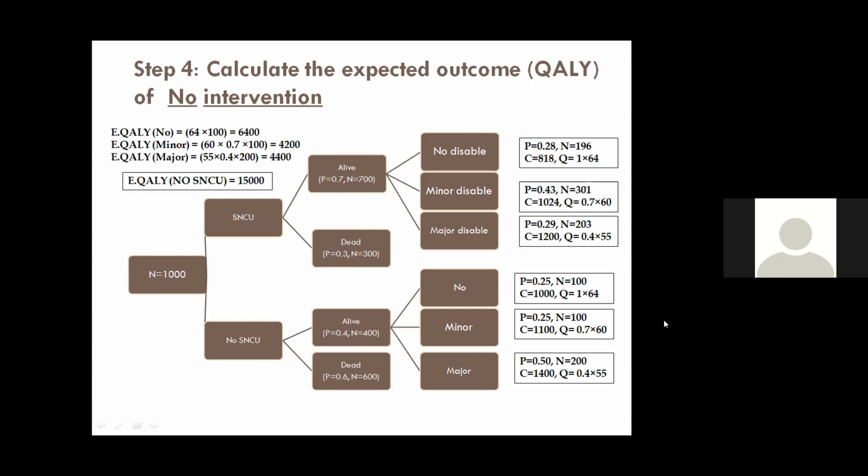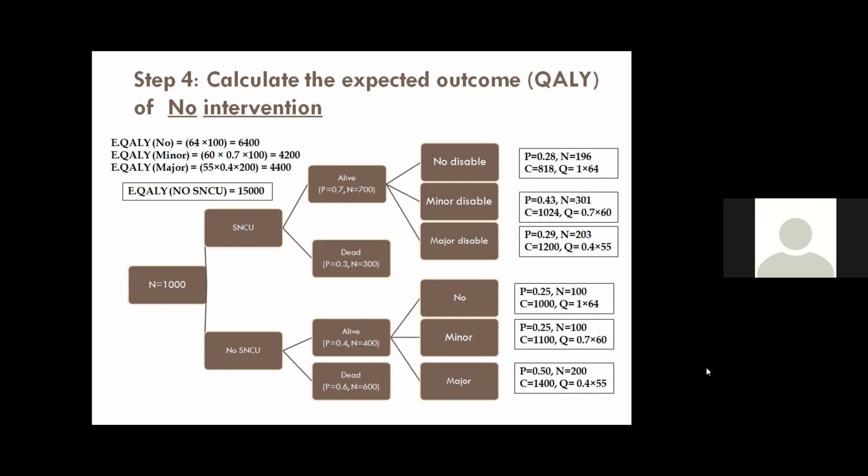And similarly, you get the last one. 0.4 is the utility, the length of life is 55, and N is 200. Multiply all of them, 4,400, and then add all three, you get the expected QALY for no SNCU: 15,000.